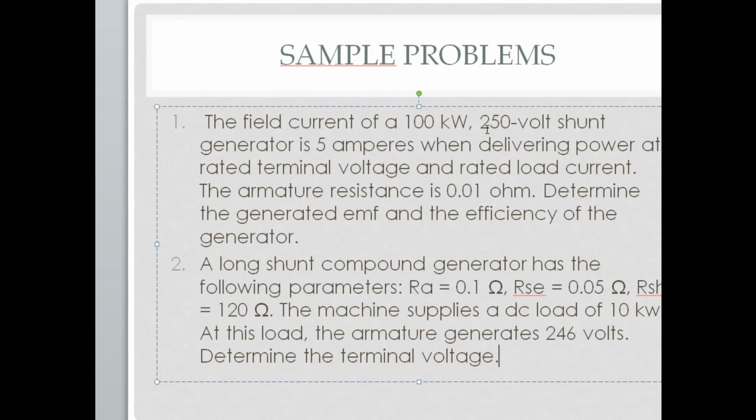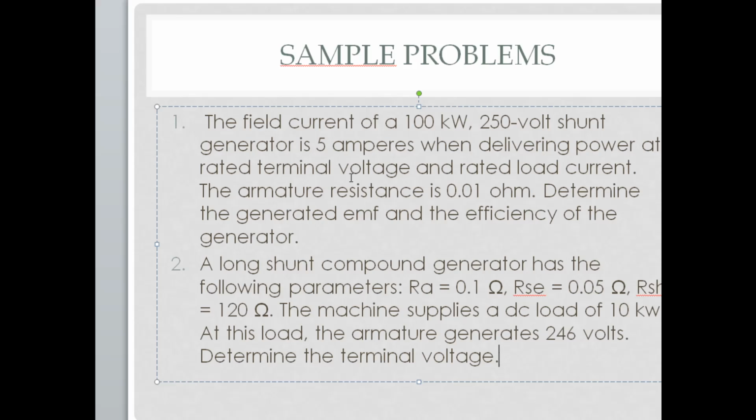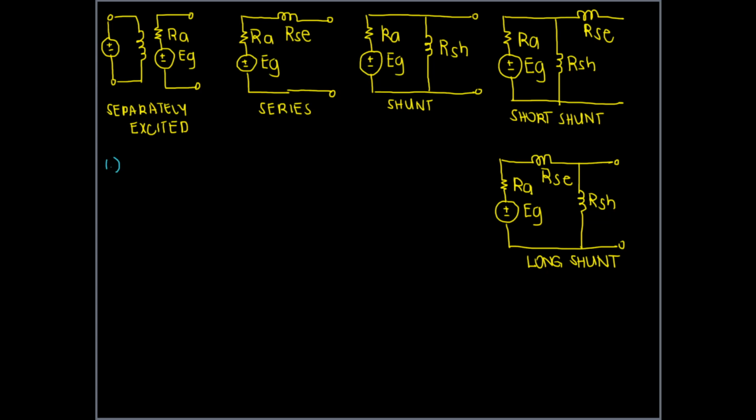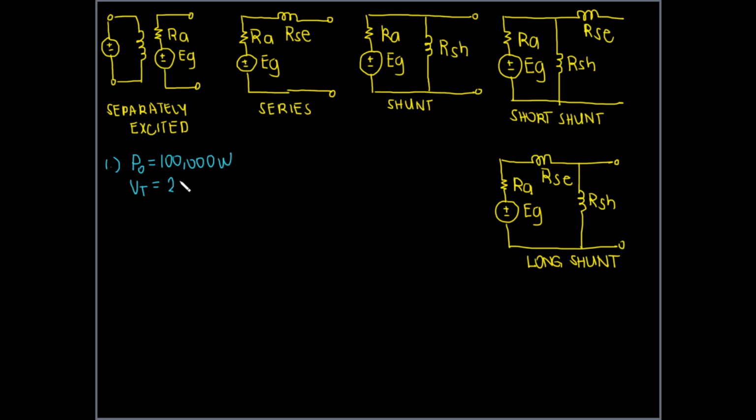And the nameplate ratings for a DC generator is always, for the power, your output power, so it's 100 kilowatts, and the voltage is always your terminal voltage, so terminal voltage being 250 volts.